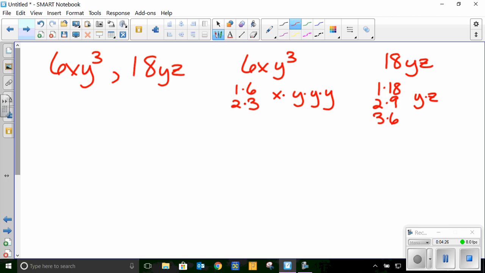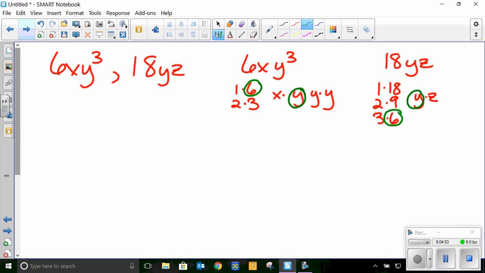So now again, I'm trying to find the greatest common factor, the largest number they both have in common. That'd be a 6 here and 6 here, because 9 and 18 are too high for the 6 over there. I also do not have any x's in common. I also do not have any z's in common, but I do have 1 y in common right there.